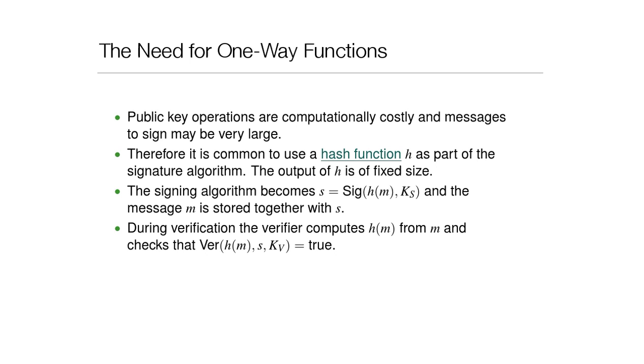Once it goes to the verifier, the verifier can first create the hash of the message M, because the hash is a public function, a one-way function, and he can compute the hash H(M).